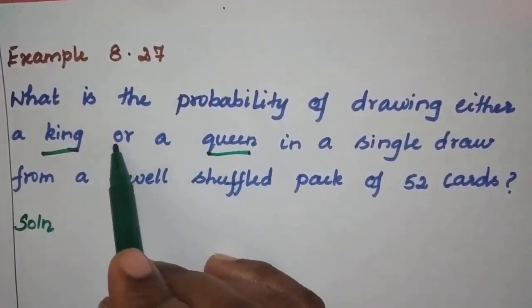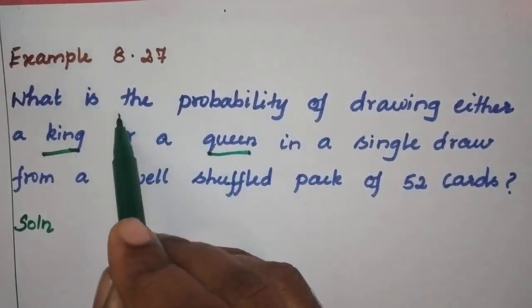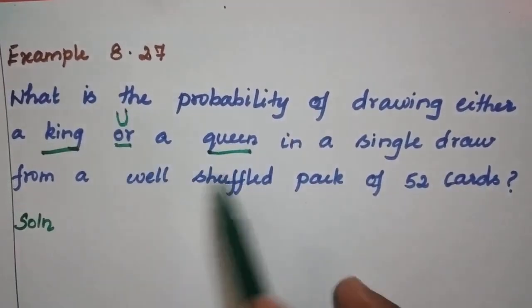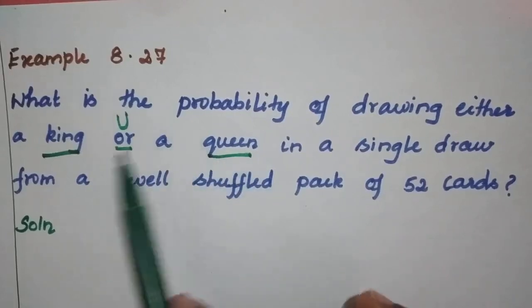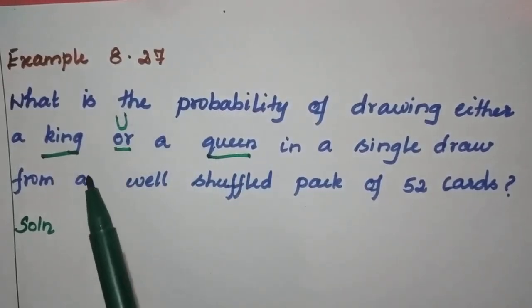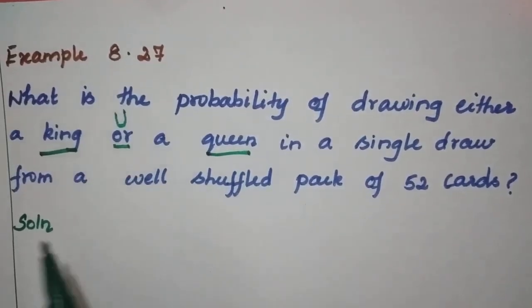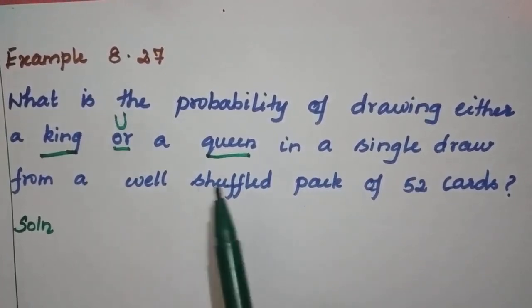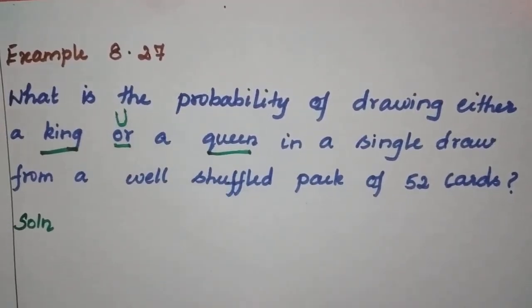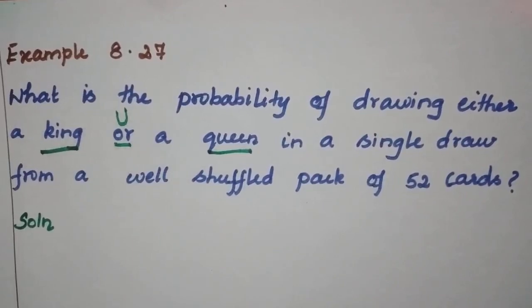So here this R stands for union of these two events. Is there any sample points common between these two? No. So we can say that these two events are mutually exclusive events.